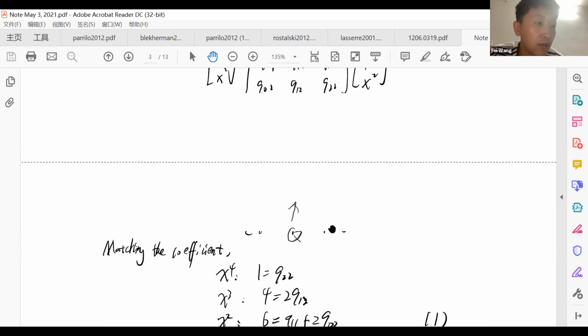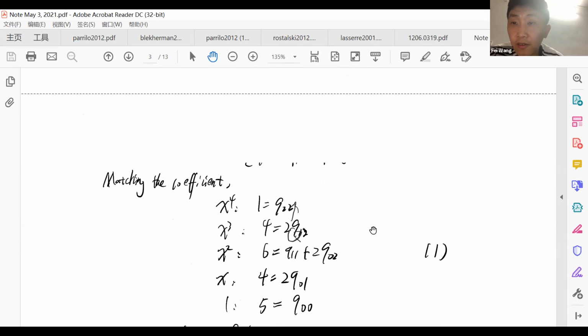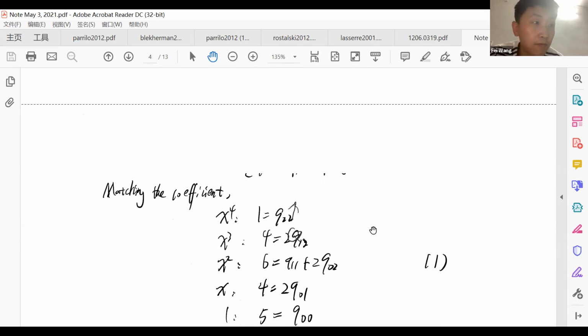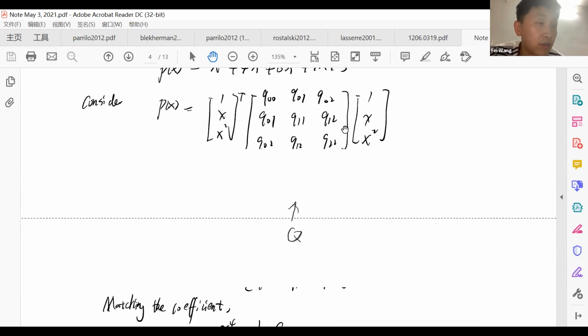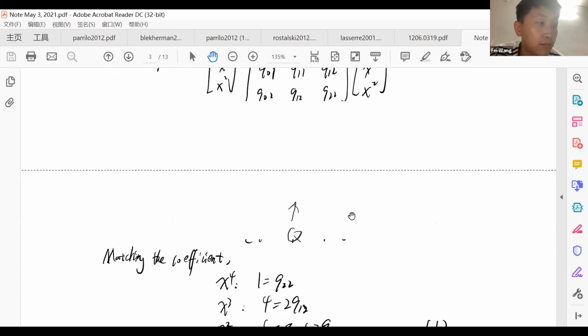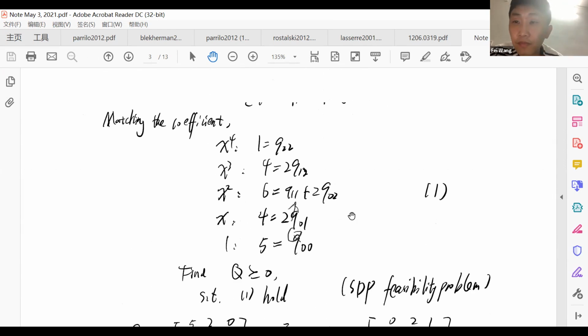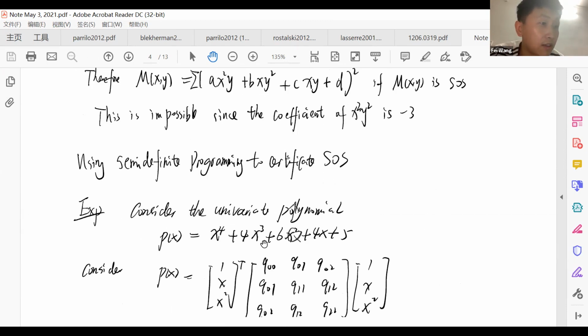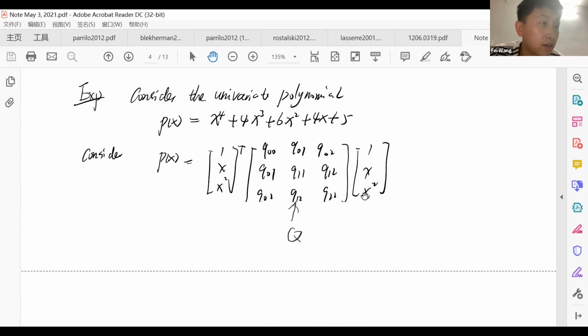So now we match the coefficients. We expand these products and match the coefficients. Q22 corresponds to x^4, which means Q22 is 1.